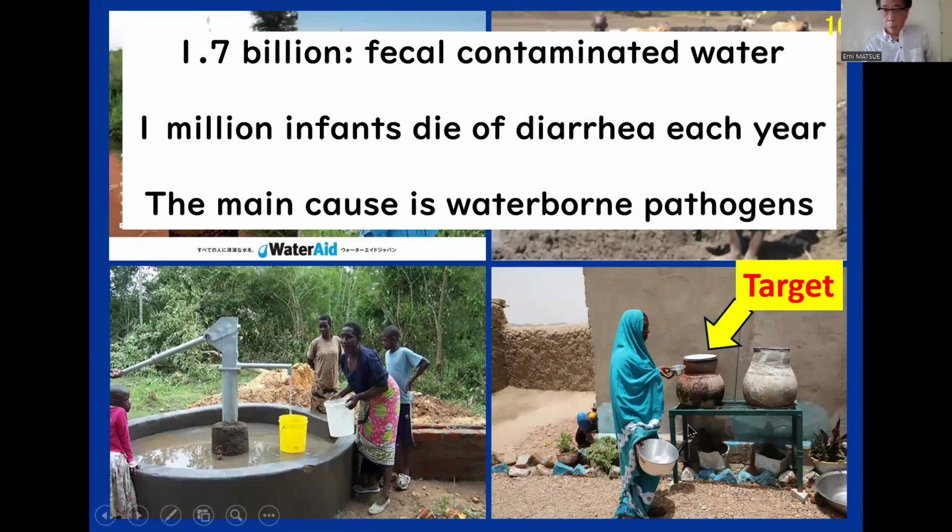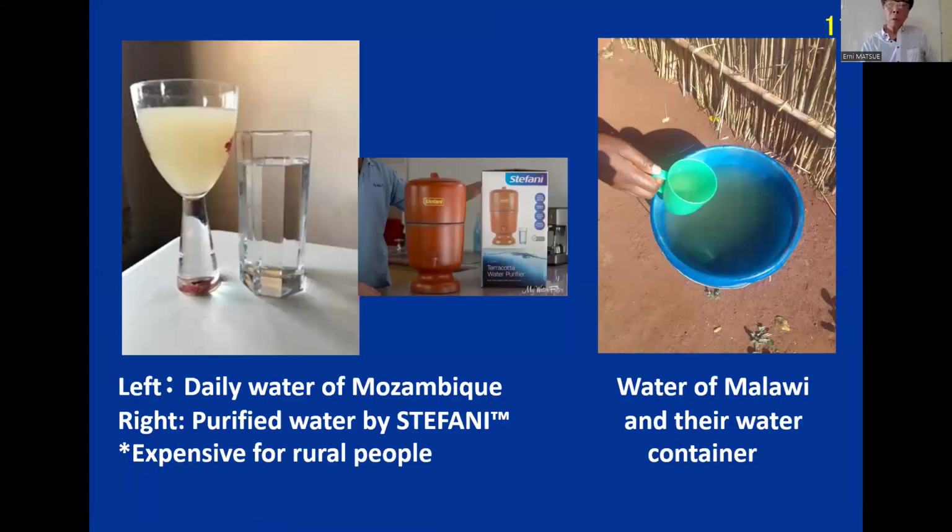Then I want to make a tool to disinfect the water of household water pots. So this is an example of water in Africa.